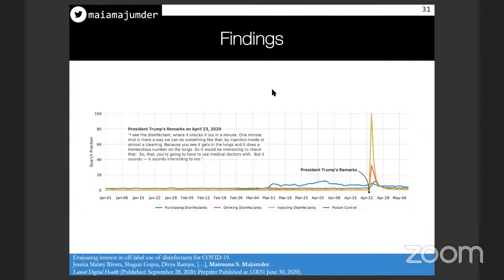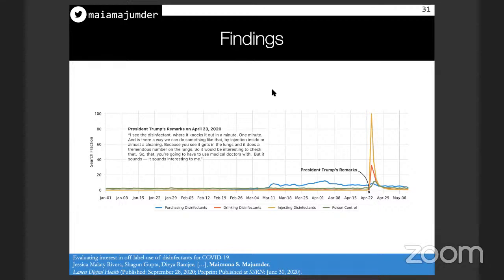Prior to debiasing the search query data of media-generated interest, we plotted our raw search query data, and the results, which are shown here, are pretty stunning. The action-oriented searches that reflected off-label use of disinfectants, namely drinking and injecting disinfectants, peaked immediately following Trump's April 23rd remarks.